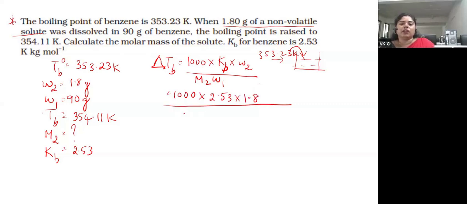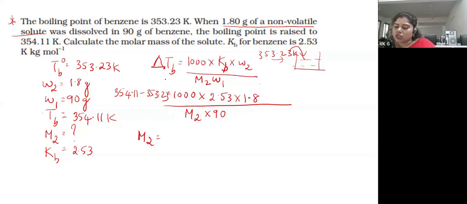We need to calculate, so keep it as it is, into W1 is 90 gram. Delta TB is higher value minus lower value. Higher value is 354.11 minus 353.23. Get what M2 is equal to. See what M2 comes to, and then let me know the answer.